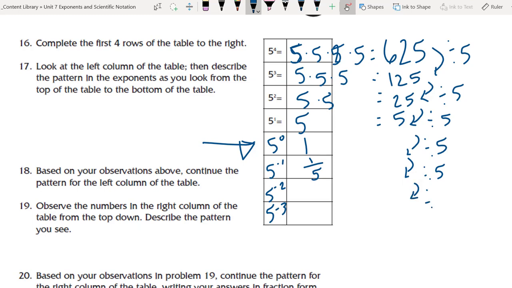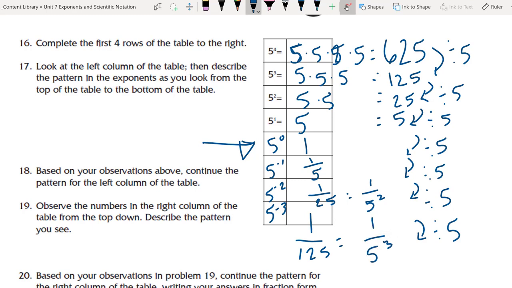Divide by 5 again. That'd be 1/25. We could also write that as 1/5 to the second. And then the last, divide by 5 one more time, and that would be 1 over 125, which we could write as 1 over 5 to the third.